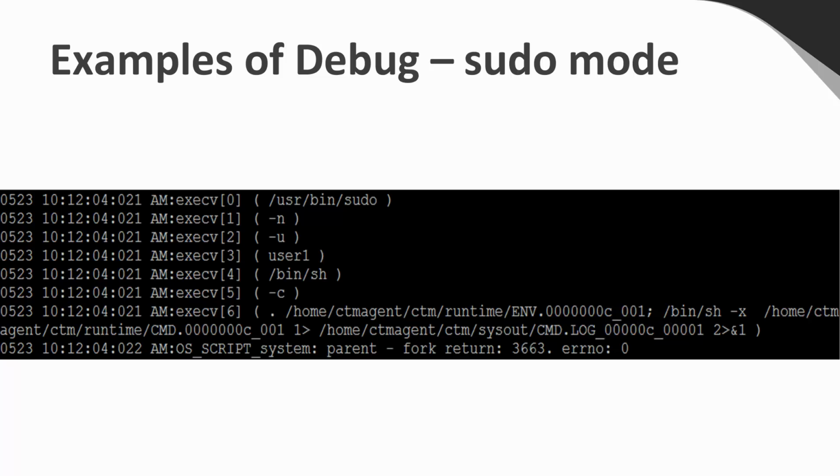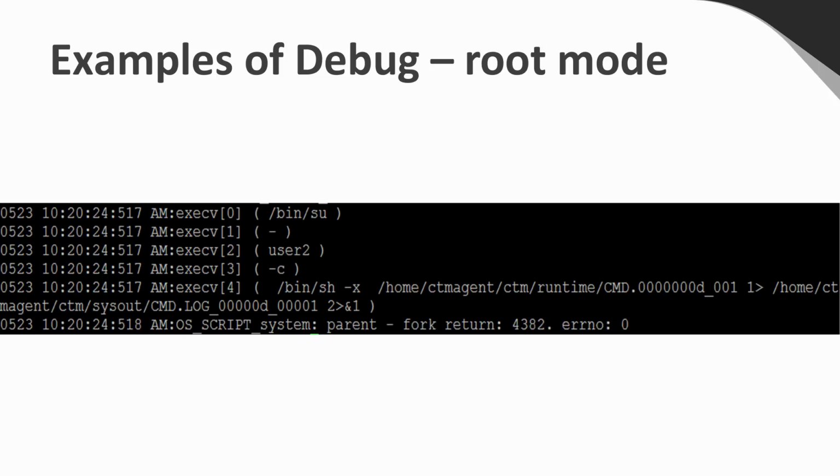That's that wrapper that I was referring to. And then probably the most simple type of execution of root mode, the agent started as root, running as root. We're using the su with root authority. We're changing user with the su - user2, and then executing a wrapper.